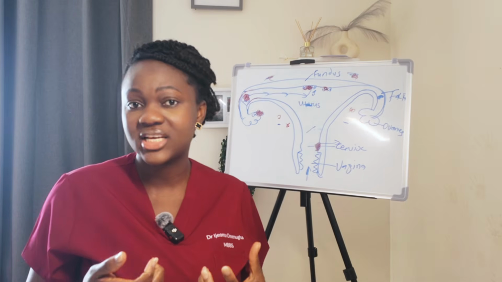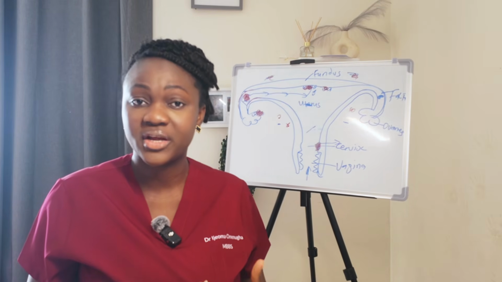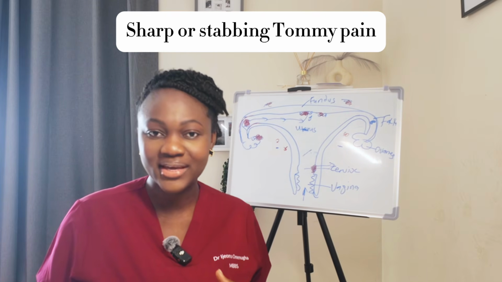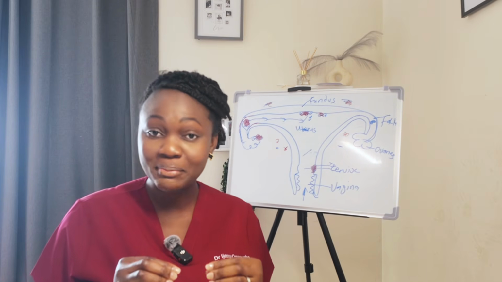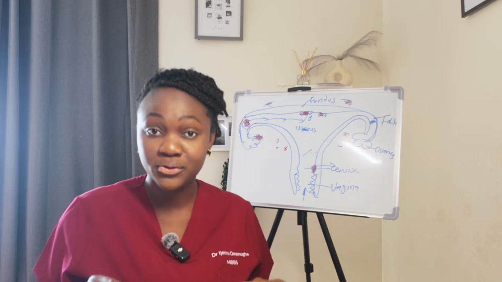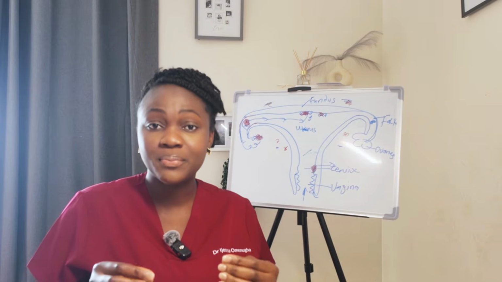Oftentimes, these would already be signs of complications of an ectopic pregnancy, and they include sharp or stabbing abdominal pain. This particular pain is going to be happening around the time of your period, so some people might miss it and say that it's their period pain.